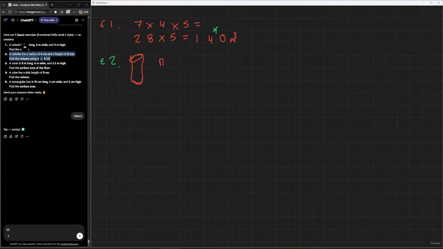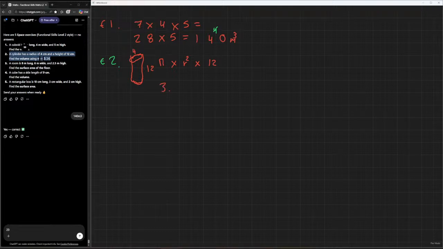Then it's pi times a height of 12, so 12 is here, and 4 centimeter radius. Pi times r. I don't even know if it is, but I think it is now, times the 12.